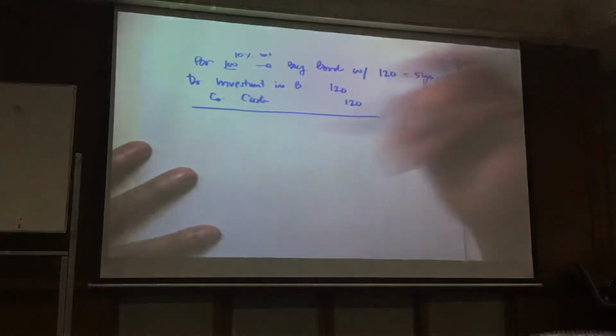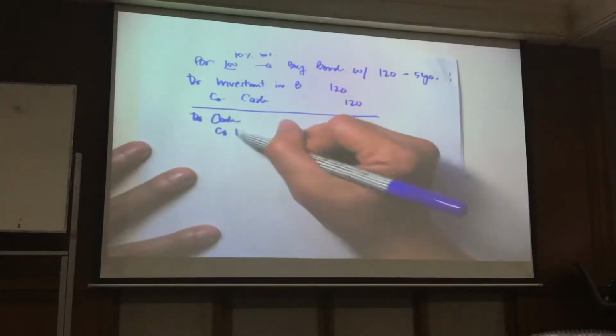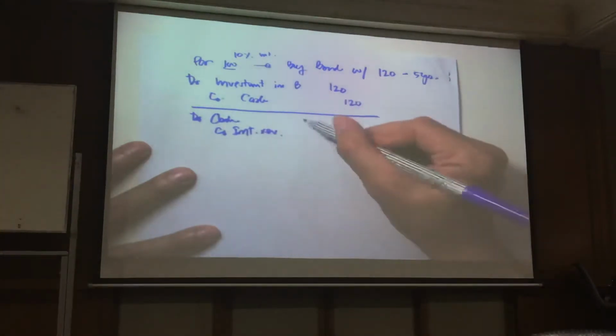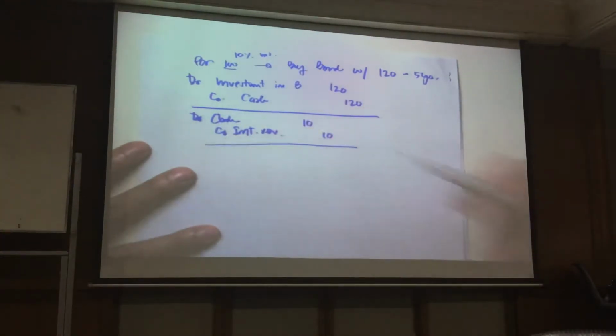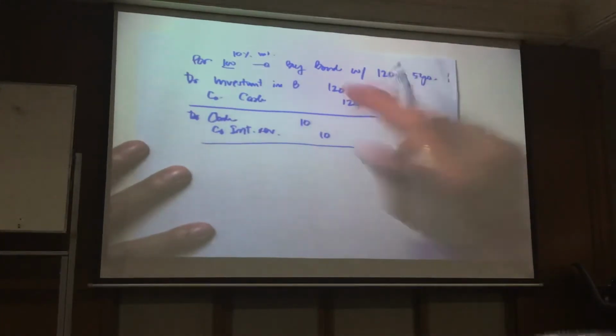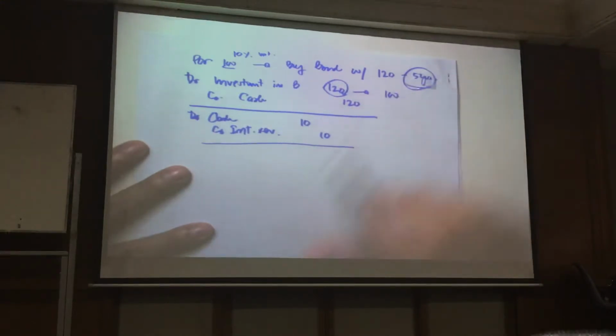So every year you get cash and interest revenue of 10 and 10. But our job is to amortize 120 down to 100 within 5 years.